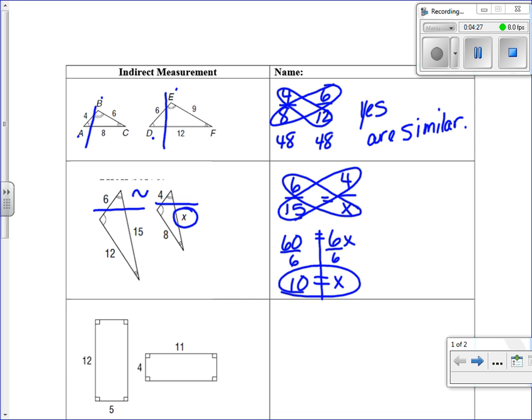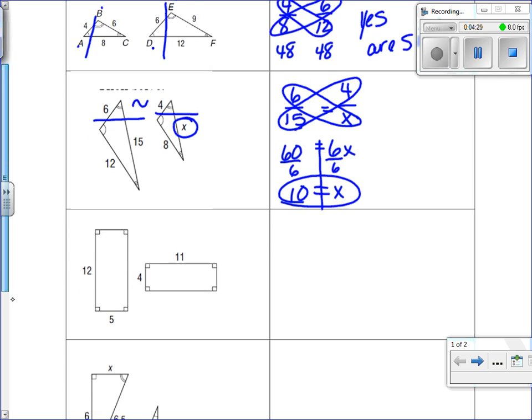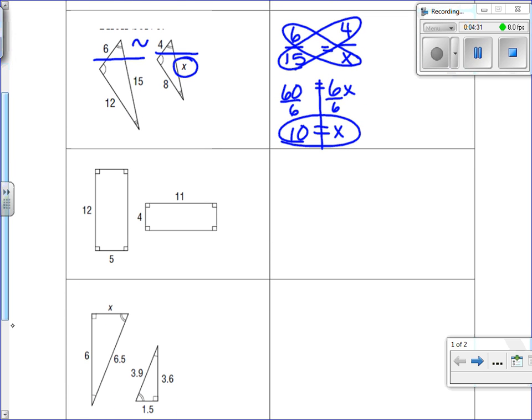All right, let's go ahead and talk about two images that may not be pointing the exact same way. First thing we need to do is understand the characteristics of a rectangle. Obviously it has 4 right angles, and it has 4 sides, but the thing that we need to understand is that opposite sides are congruent.